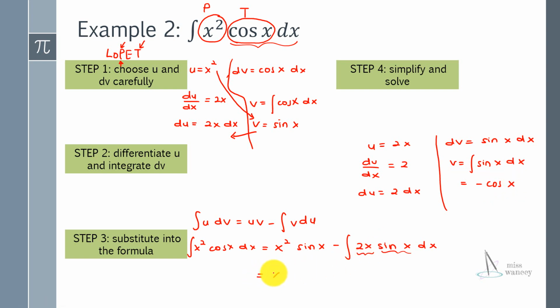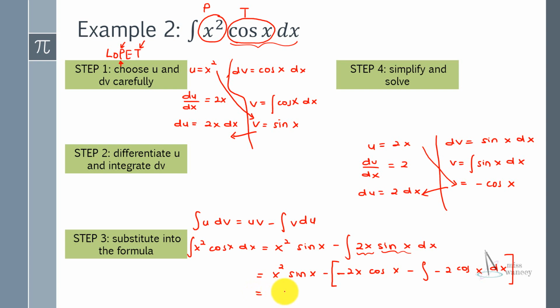Substituting into here, we have x squared sine of x minus, and we definitely get two things here, uv minus the integral of v du. So negative 2x cos of x minus the integral of negative 2 cos x dx.